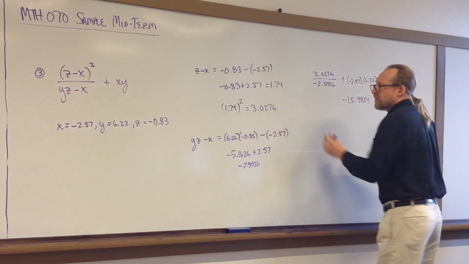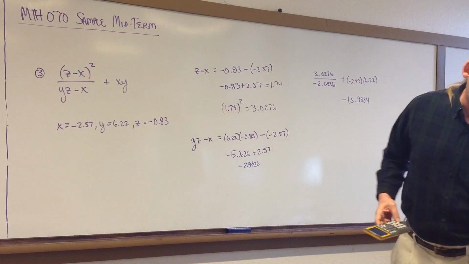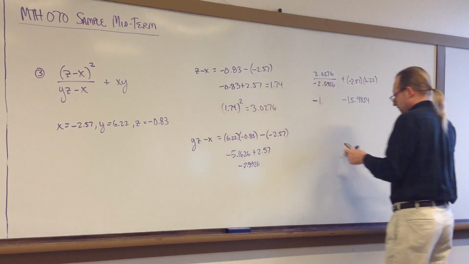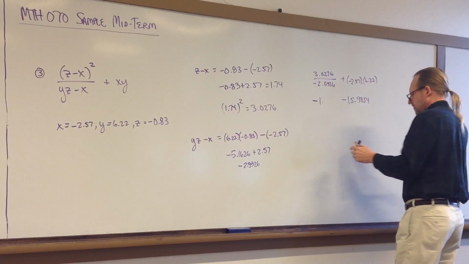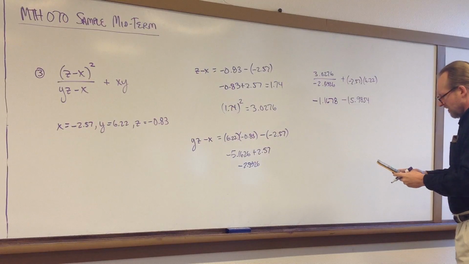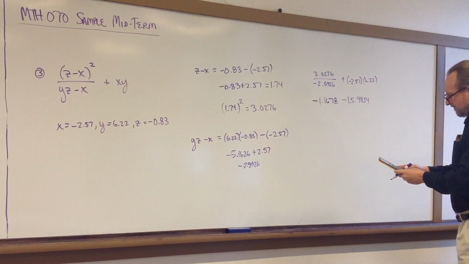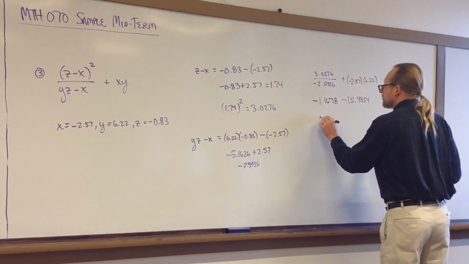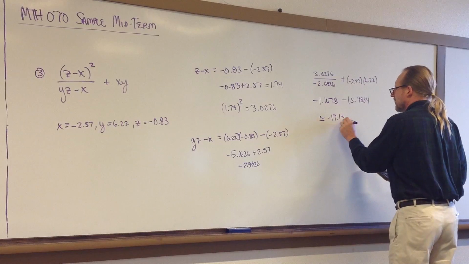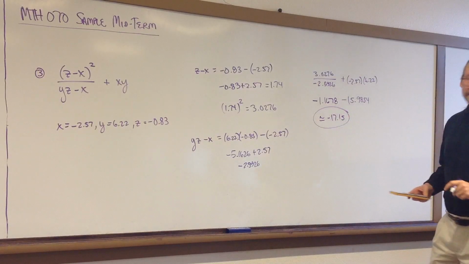And so we can round this a little bit. Let's see, in the end we're going to round to the hundredths place, so we'll go a little bit past that. Negative 1 point, we'll call it 1678. Okay, and then we want to subtract 15.9854. So this is coming out to about negative 17, and to the nearest hundredth, 0.15.